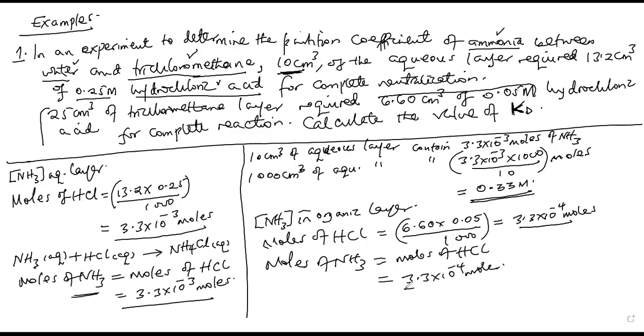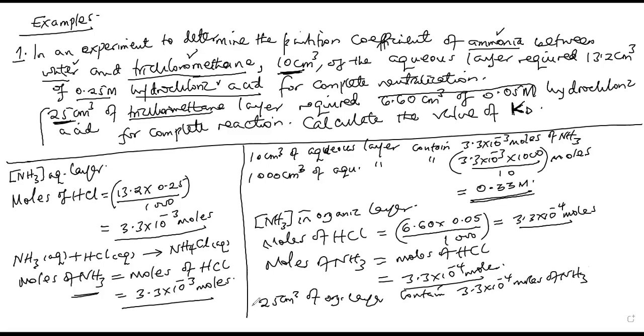Now, these are moles of ammonia in the organic layer, but they're saying that 25 cubic centimeters of trichloromethane, which is the organic layer, contain 3.3 times 10 to the power negative 4 moles of ammonia. What about 1,000? This will give us the concentration of ammonia in the organic layer.